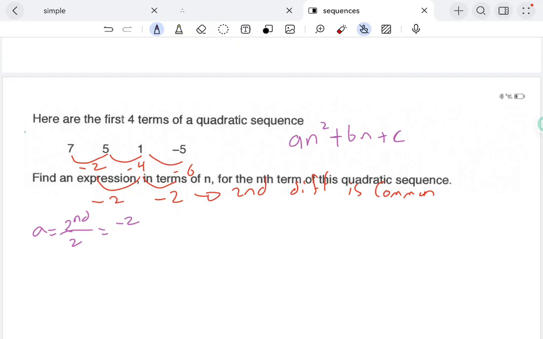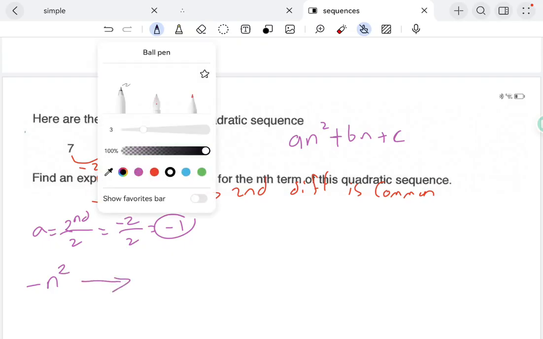It's negative 2, divided by 2 is going to be negative 1. So A is negative 1. So I know now that it's going to be negative 1n squared. As you know, if it's 1, I can ignore it. So I just say negative n squared. And then get the sequence of negative n squared.